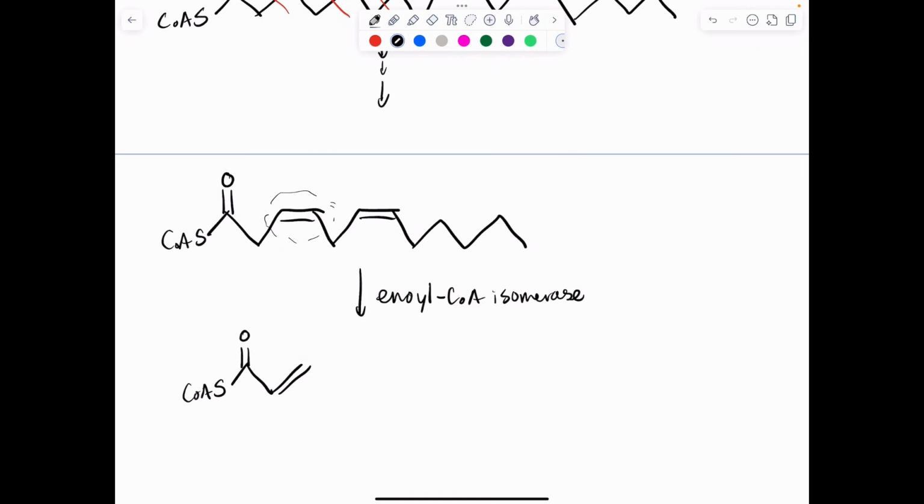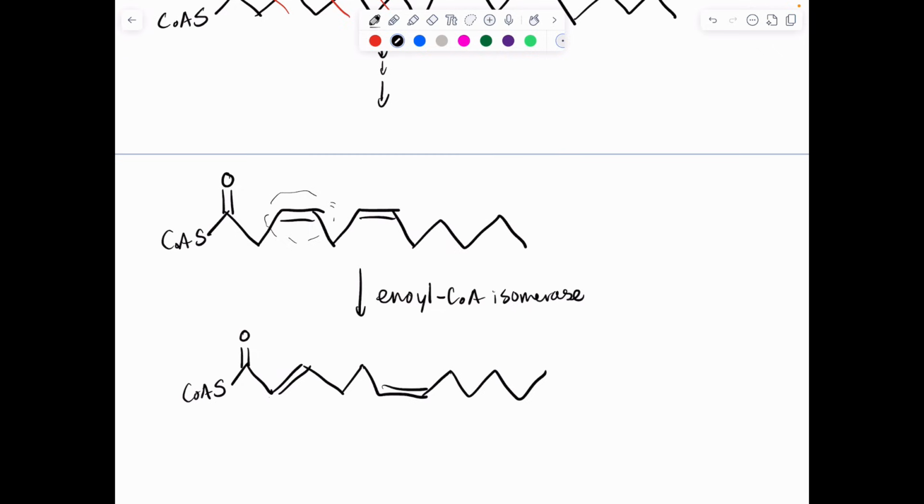I always got to count my carbons when I do this. 1, 2, 3, 4, 5, 6. 1, 2, 3, 4, 5, 6. All right, yes, we're all good.